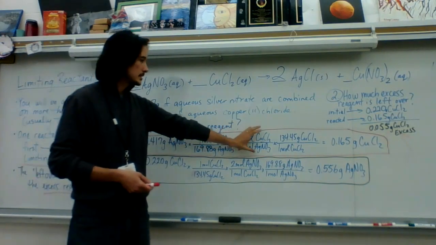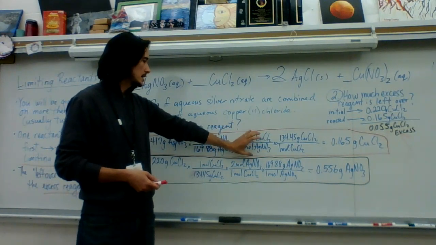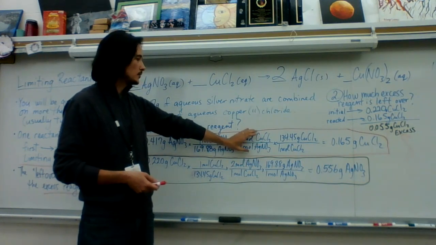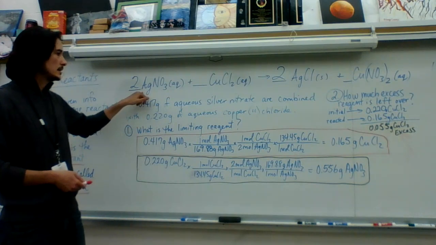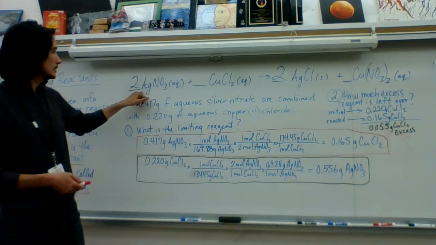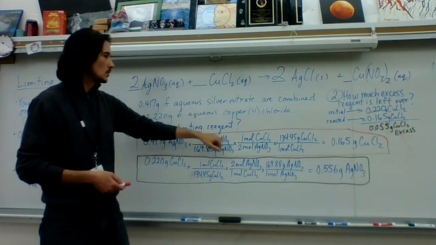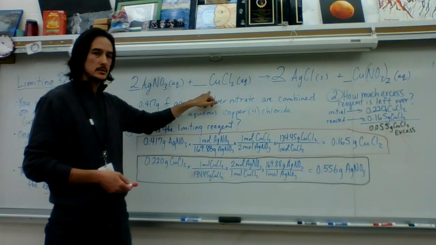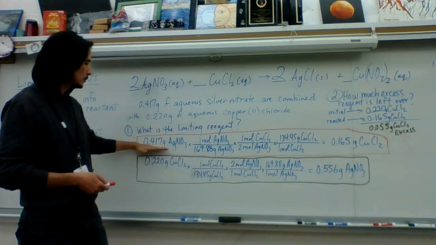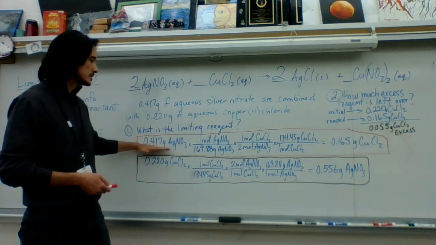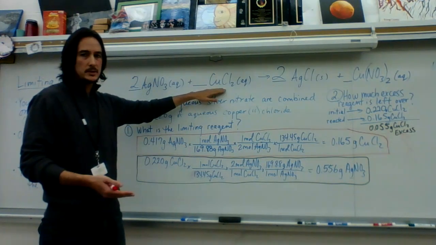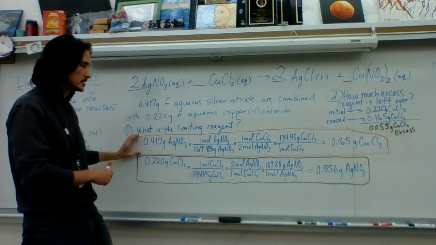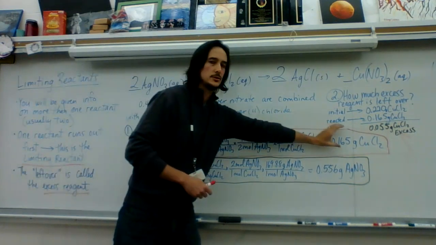Then I used the stoichiometry step, right? These numbers come from the coefficients in the equation. So we have 2 moles of silver nitrate that are going to react with 1 mole of copper chloride. So all I'm doing is saying, okay, if I have 0.417 grams of silver nitrate, how much copper chloride would that react with? That's the question this whole line in red is going to answer.